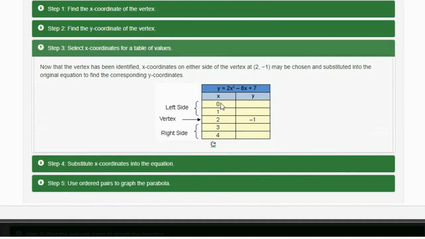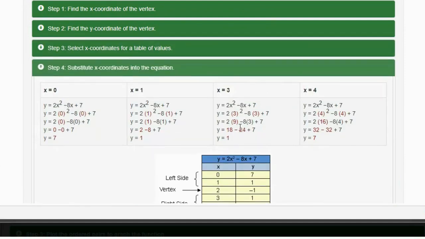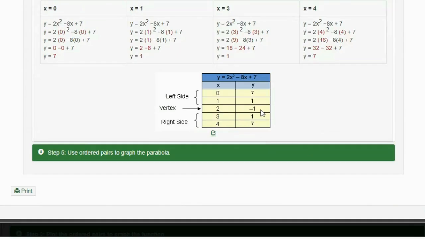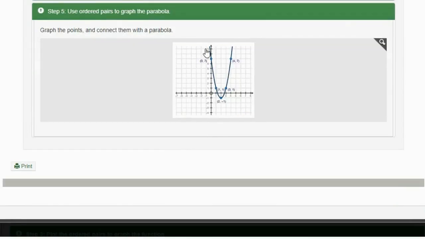So we would go 0, 1, 2, 3, 4, and substitute the x's in. We already knew what 2 was because we already figured out the -1 for the vertex. But when we substitute these other numbers, we get 7, 1, -1, 1, and 7. We're not surprised that matches because the parabola looks the same on both sides, right? Then we can do those pairs.